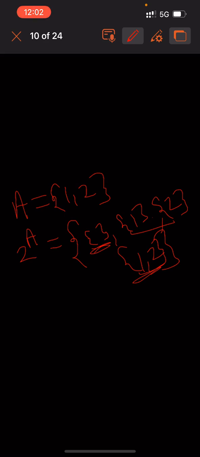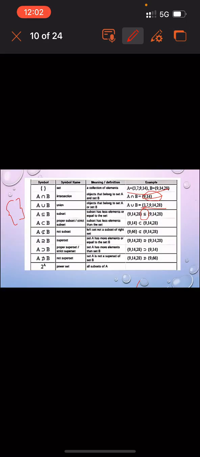How can we verify our answer is correct or not? 2 power A having the elements, number of elements in A is 2. Number of elements in power set 2 power A is 4.